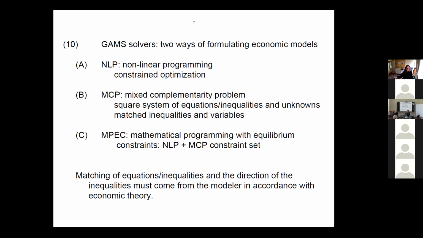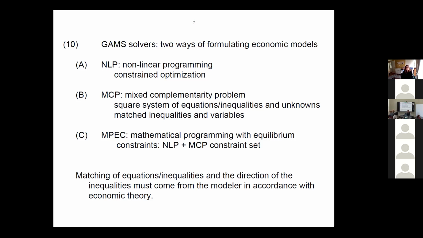So NLP stands for nonlinear programming, and that's really for constrained optimization problems. GAMS allows you to put bounds on variables, lower bounds, upper bounds, etc. But you can only maximize one thing.